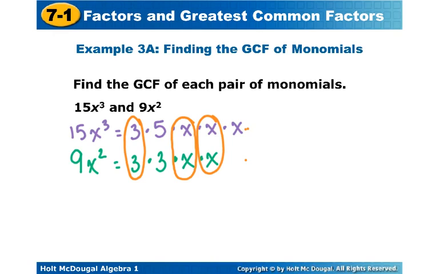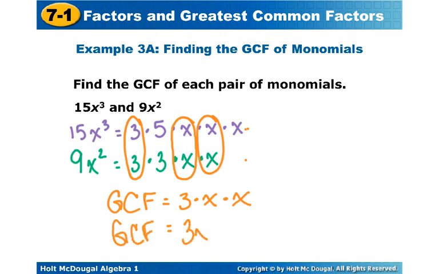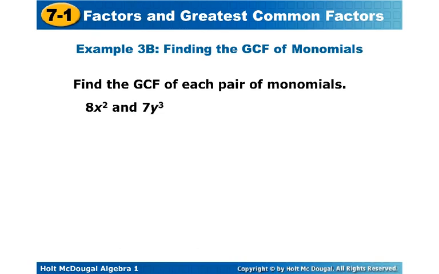So with this being said now, your greatest common factor is going to be a product of these terms that I have circled. So that means you're going to have 3 times x times x, and I'm just going to write this in the simplified form, which is going to become my GCF of 3x squared. So it's important to write out your factors of your numbers and then write out the factors of your variables.